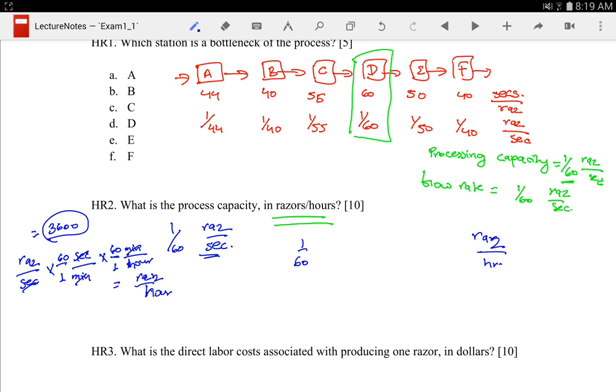So 1 over 60 razor per second multiplied by 3600 gives us the answer in razors per hour, which comes out to be 60 razors per hour. So our processing capacity, another way to express this, is 60 razors per hour. This and this are equivalent.